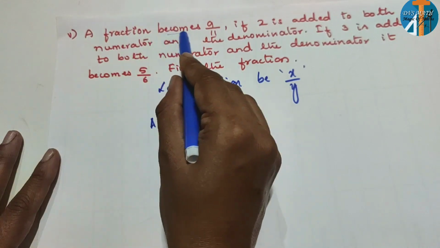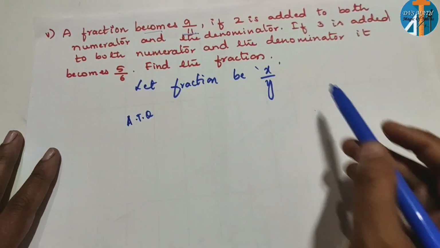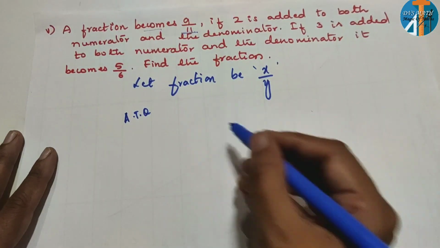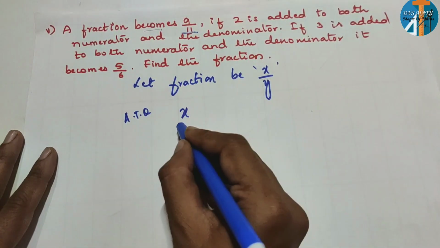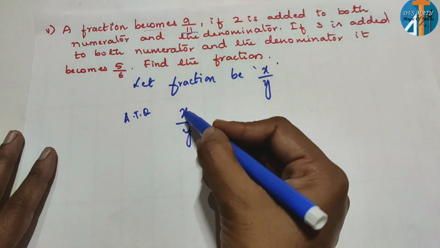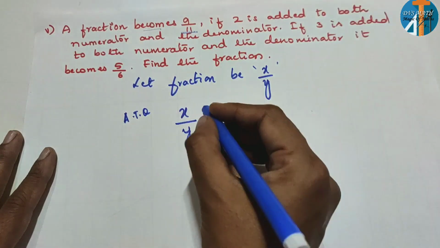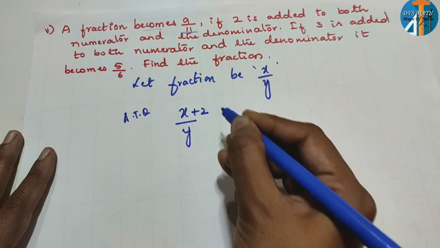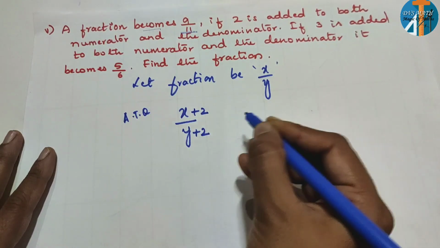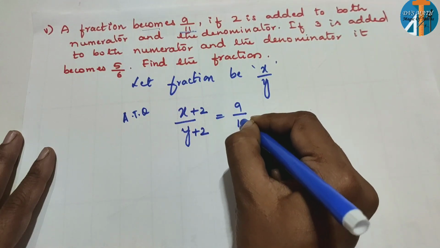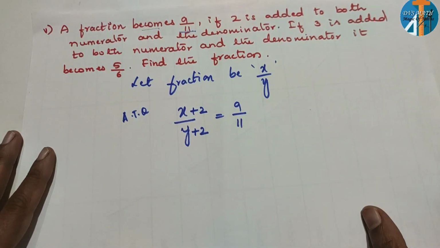They are saying that the fraction becomes 9 by 11 if 2 is added to both numerator and denominator. That means x by y is a fraction, right? X is the numerator, y is the denominator. If we add 2 to the numerator and again 2 to the denominator, here we are getting the fraction 9 by 11.